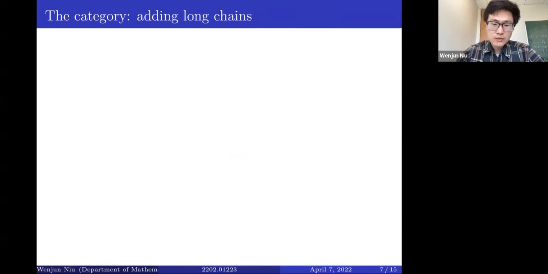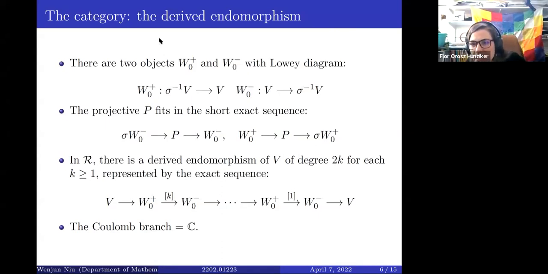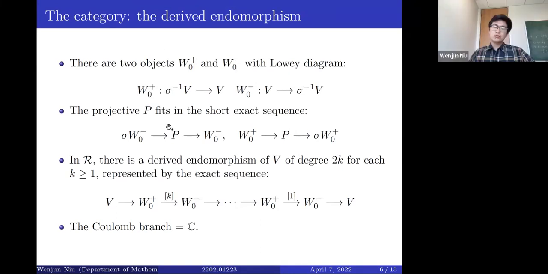Great. Sorry, I see there's a question. Let me read it. It says, what is the interpretation of this Coulomb branch in that category? So the functions on the Coulomb branch should give me the algebra of local operators.